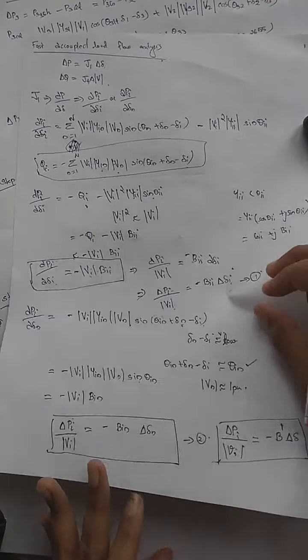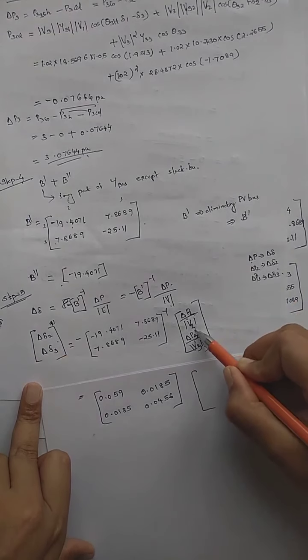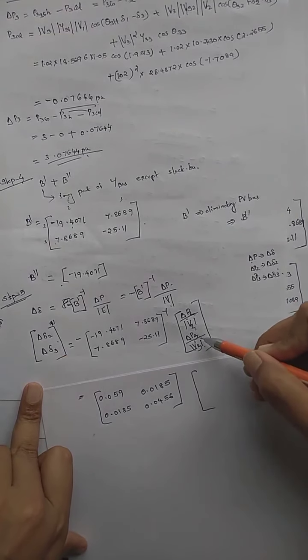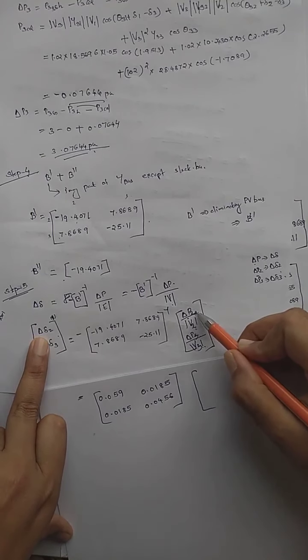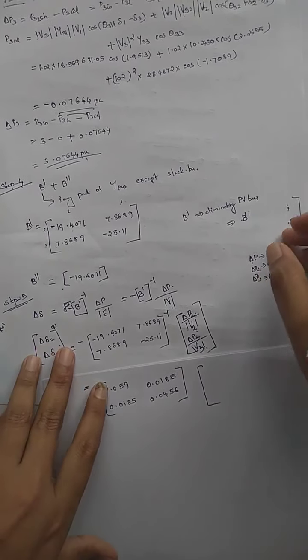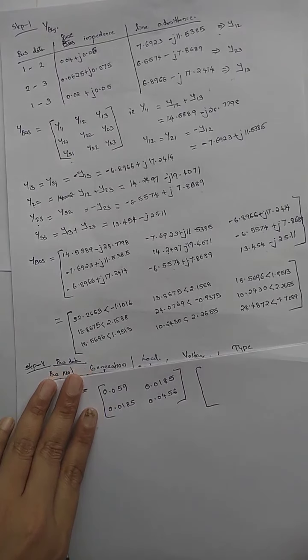So here, delta P2 by V2 and delta P3 by V3. Please don't get confused.